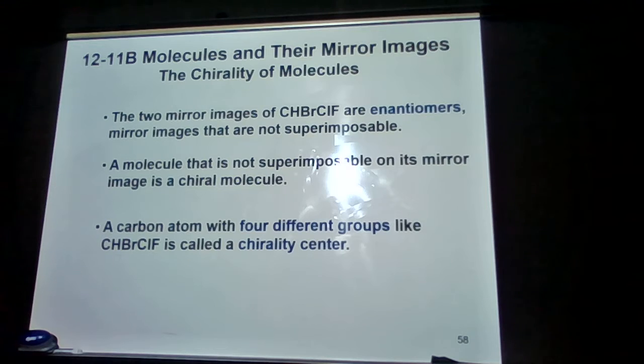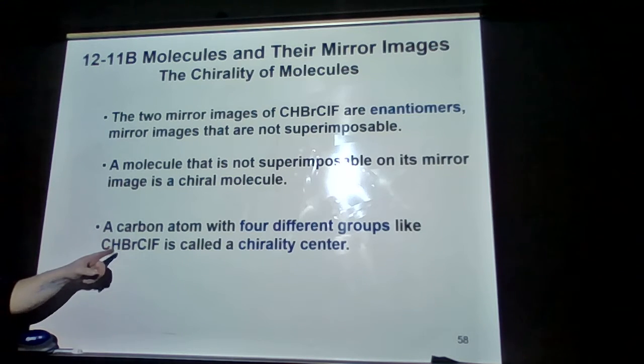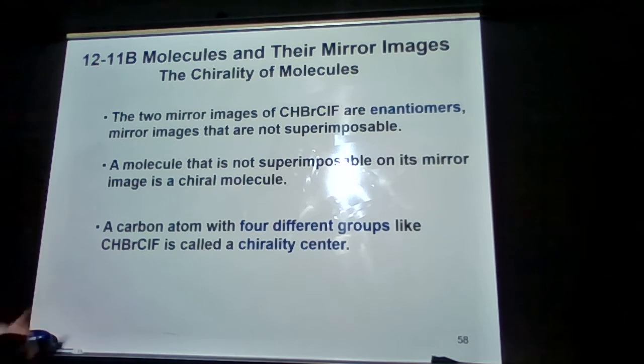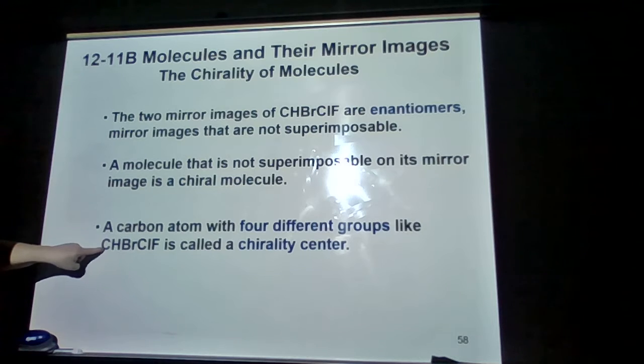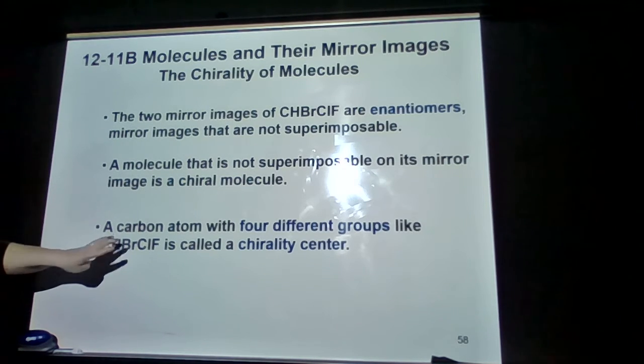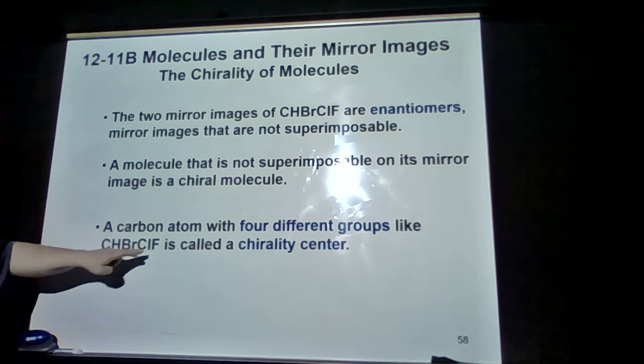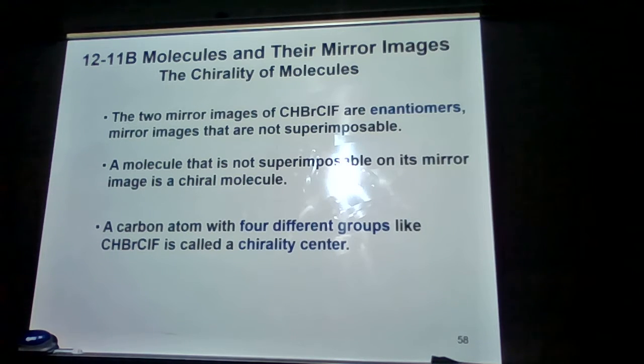So a carbon atom with 4 different groups, like bromochlorofluoromethane, is called a chiral molecule. This carbon is chiral. It possesses a chiral center. Because we have 4 different things, hydrogen, bromine, chlorine, and fluorine, bonded to that carbon atom, that's called a chiral center.